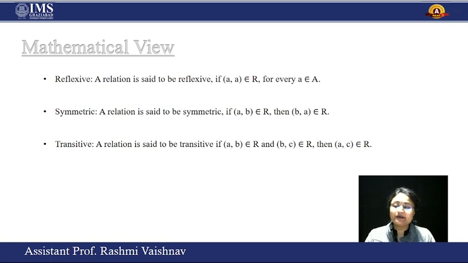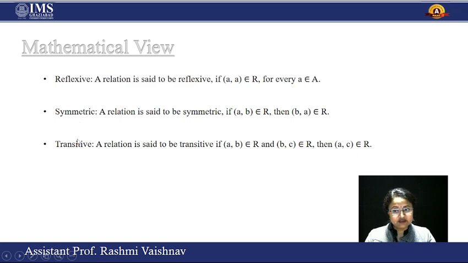The second property is symmetric. A relation is said to be symmetric when we choose two elements, a and b. If (a, b) belongs to R, then the opposite, (b, a), where a is the range and b is the domain, is also related to the relation. This is known as the symmetric property.